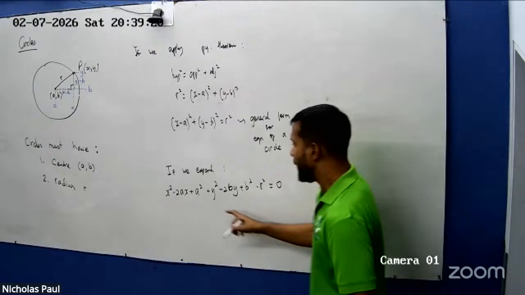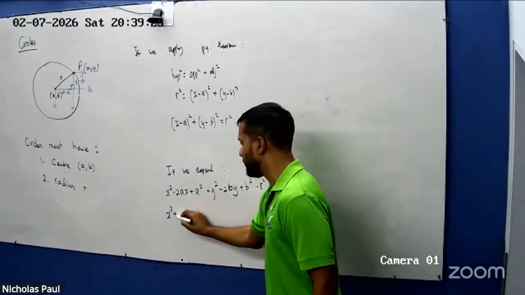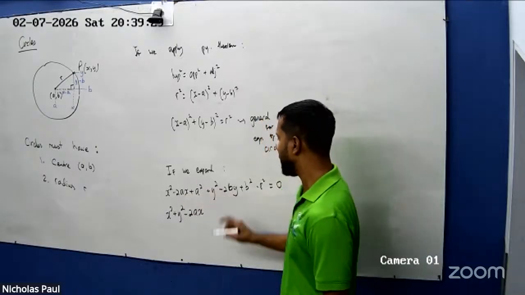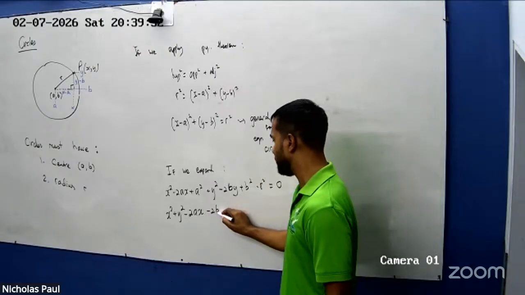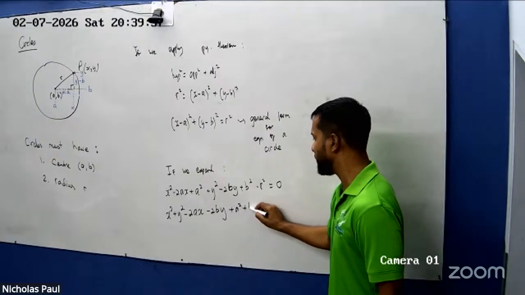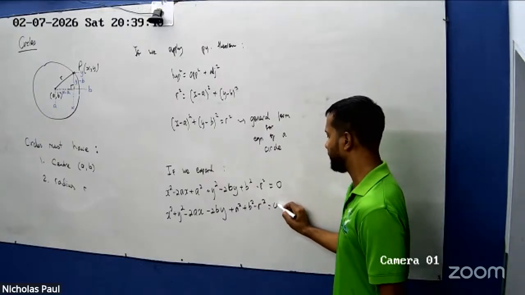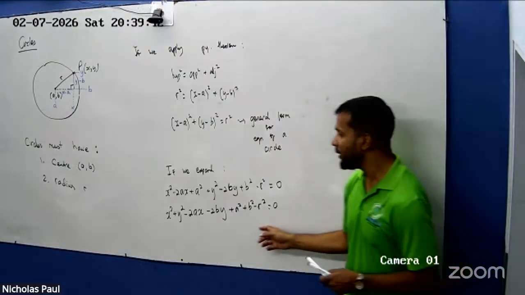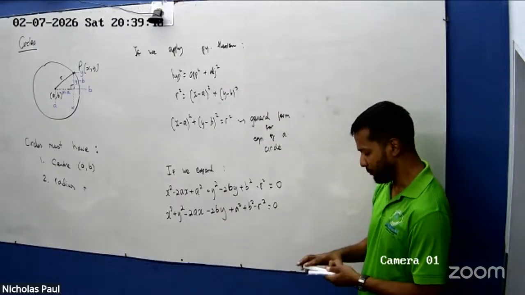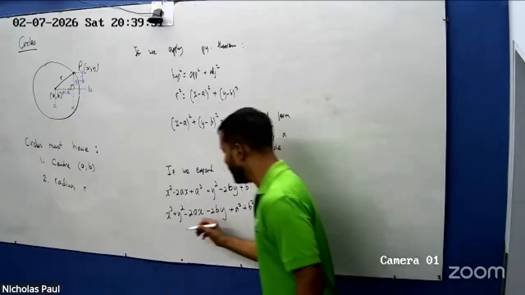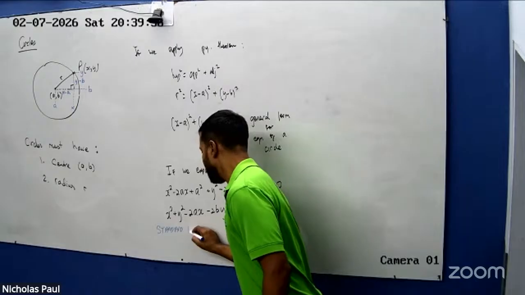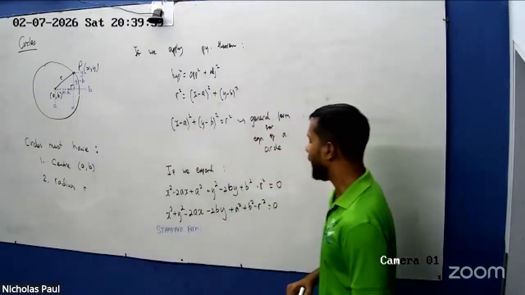Let's bring the x squareds together and the y squareds together, then write the x term, the y term, and bring all the constants together: a squared plus b squared minus r squared. It's looking complicated, but this is the next form of the circle. It can be written like this. Standard form.